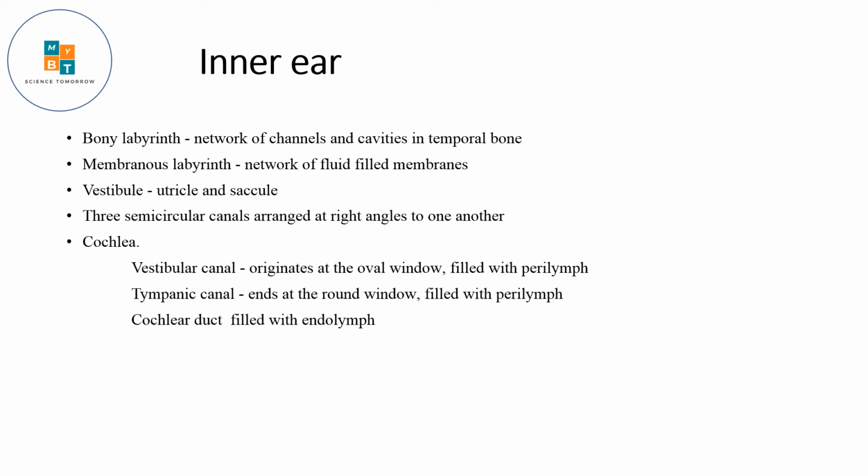The other one is the cochlea, which is a coiled structure. The cochlea is like a canal, and this same canal is divided into three parts. The upper part is the vestibular canal, and students should remember this very well.